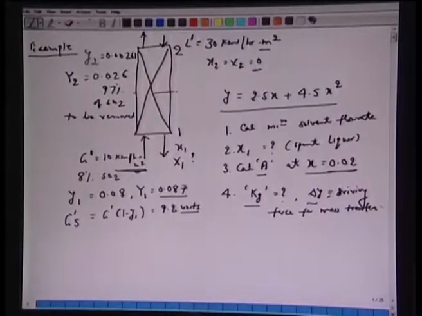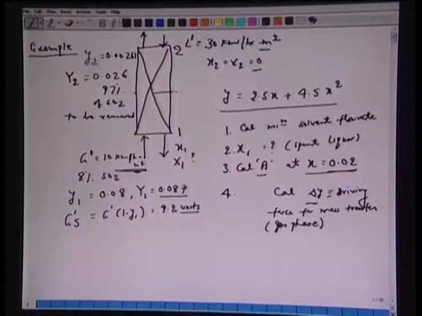All right. Let us do one thing, let us redefine this problem here. So, let's just calculate the driving force for mass transfer based on the gas phase.